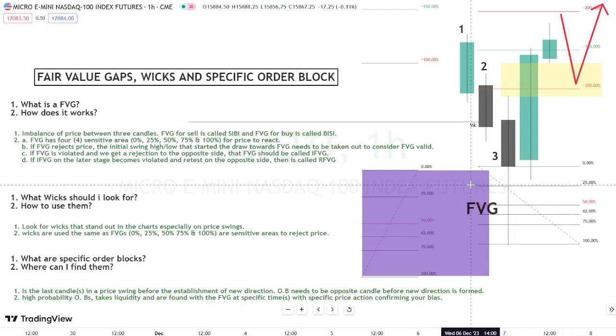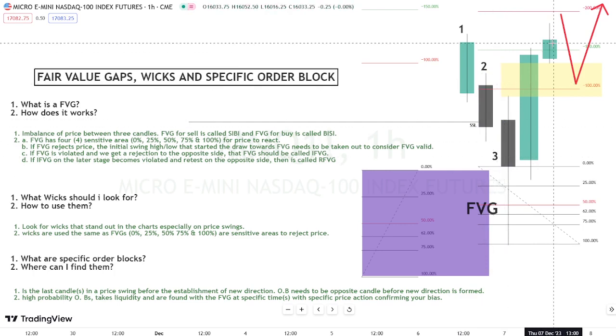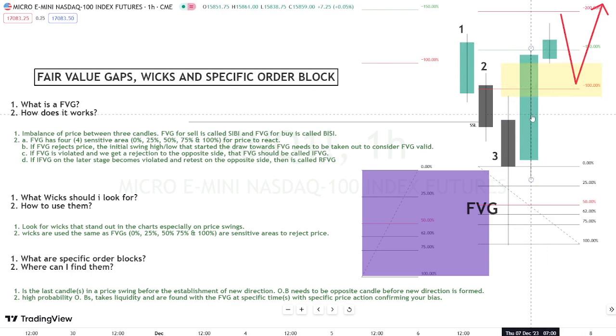But what are the order blocks? You see one, two candles, two bearish candles. These candles, to me, will act as an order block because they took out the liquidity before the market moved higher. Plus, there's a fair value gap. So I would love to see this. This is the reason why we say specific order block, not just any other order block that you will find.